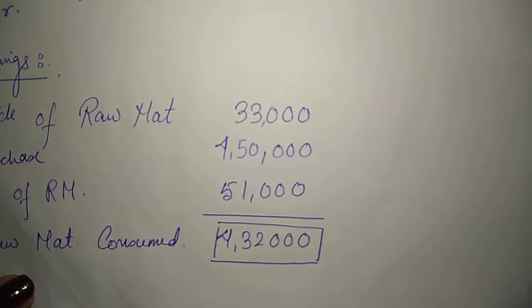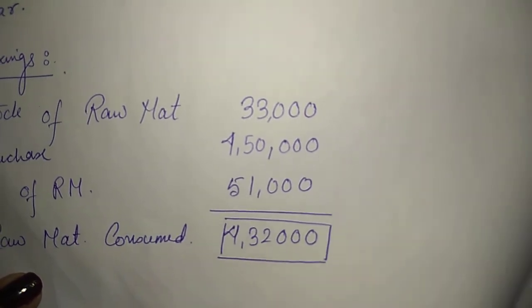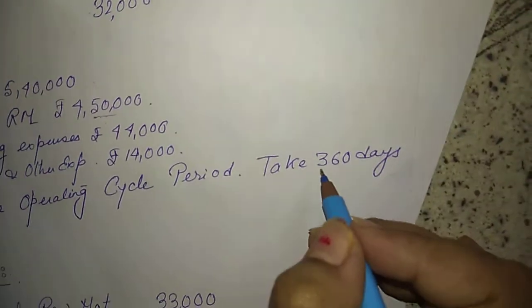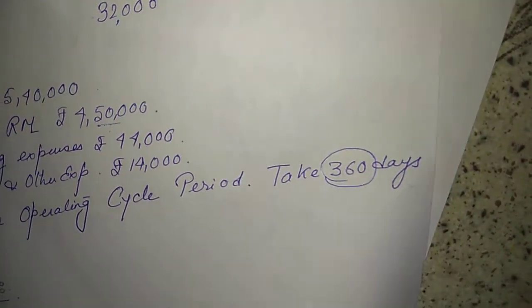Okay, this much raw material is consumed in a year. Then how much is consumed in a day? In the sum, they have asked to take 360 days in a year, not 365, for ease of calculation.